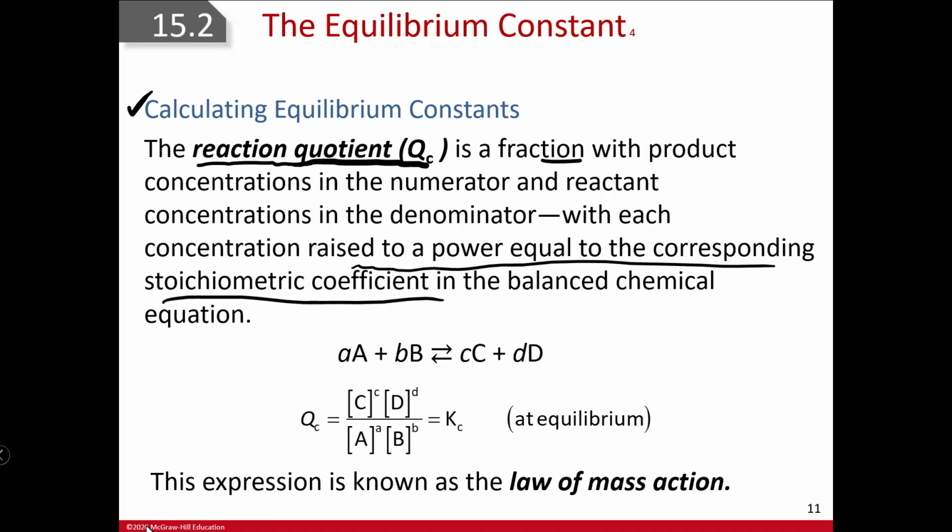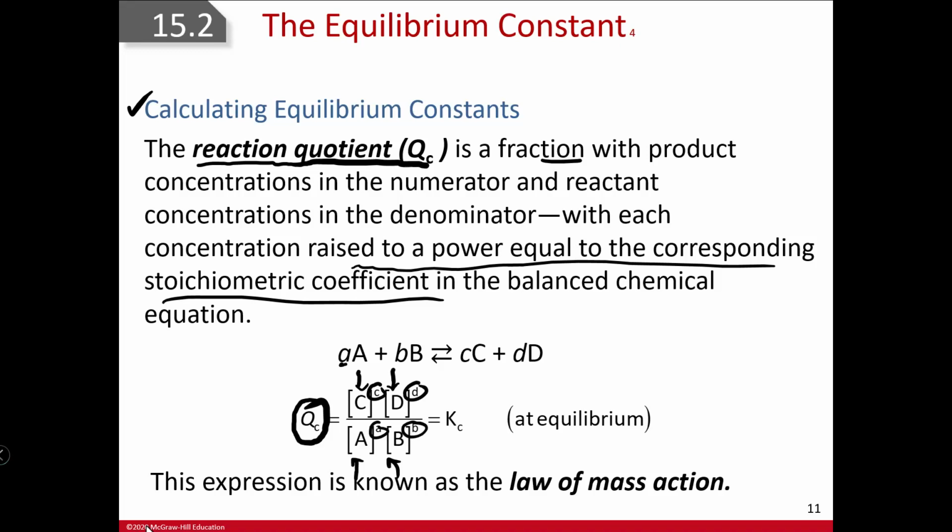That sounds exactly like equilibrium, but here it is. The reaction quotient is what you have before equilibrium. You plug in those initial concentrations of the products over the reactants raised to their respective coefficients, like you see in our general equation here.